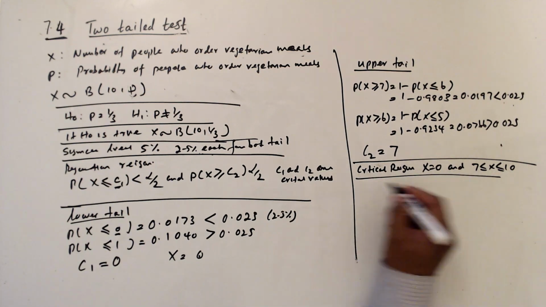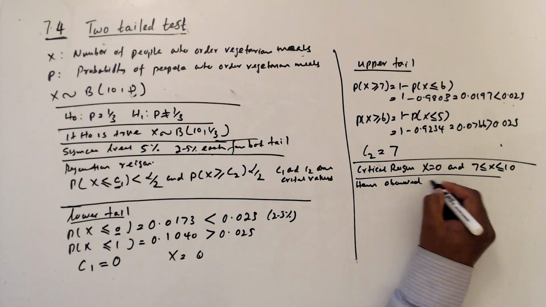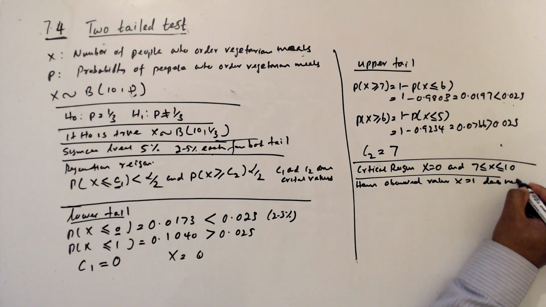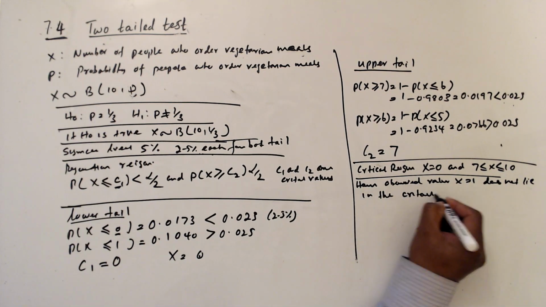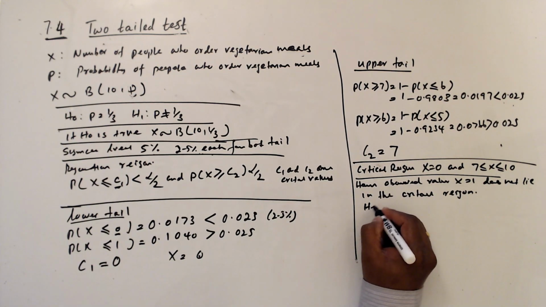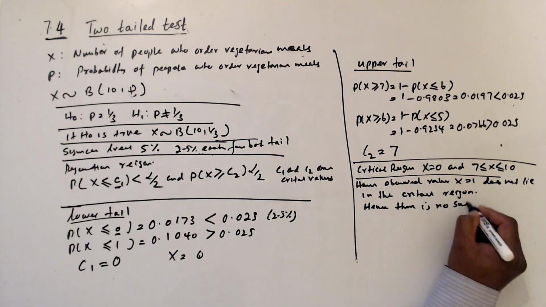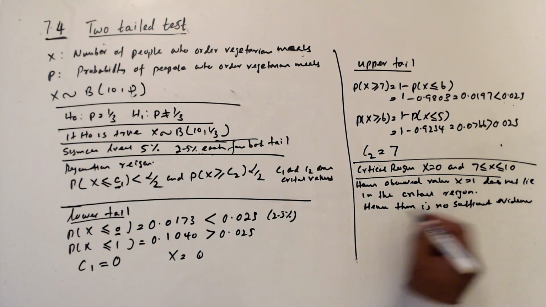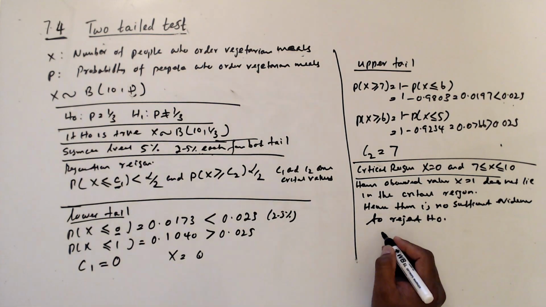Hence the observed value X equal 1 does not lie in the critical region. Hence there is no sufficient evidence to reject H naught.